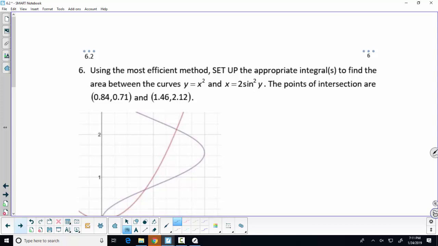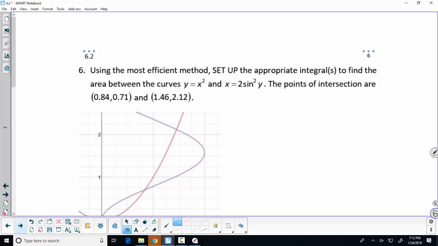Or like example 6, for instance. We might say, well, this one's y equals x squared, but the other one's x equals 2 sine squared y. I've got to think about combining these two things together. Which ones do I want to integrate? x squared, not hard to integrate. Sine squared, is that hard to integrate? Harder than x squared, right?